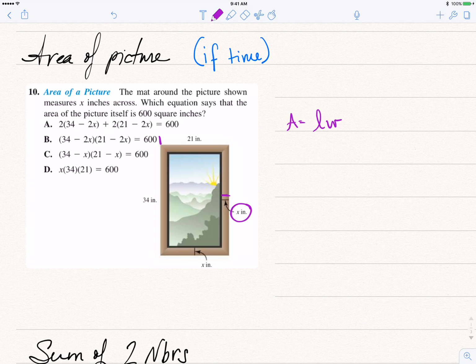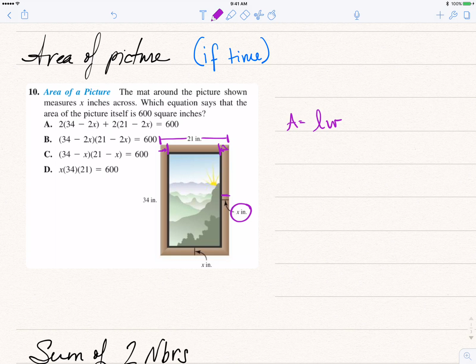Let's take a look first at the width. The width of the entire thing is 21 inches. But notice that this much of the width and this much of the width are being taken up by the mat itself.